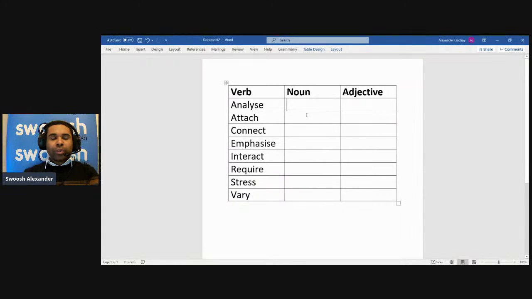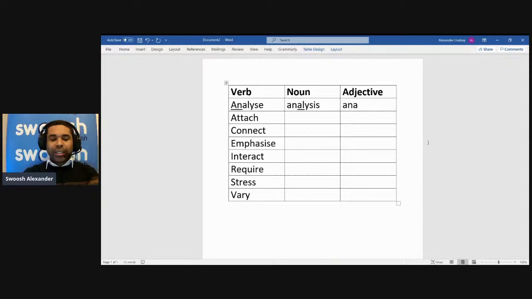Okay, so first of all, then, analyze. Noun form would be analysis. I'm just going to underline the stress here, the initial stress, because if you're using this for speaking, it's important to be able to pronounce the word correctly. So the initial stress is on the first syllable. It switches to the second syllable with the noun.